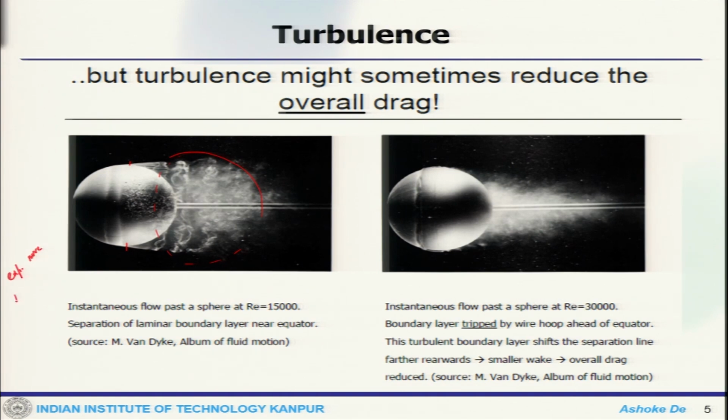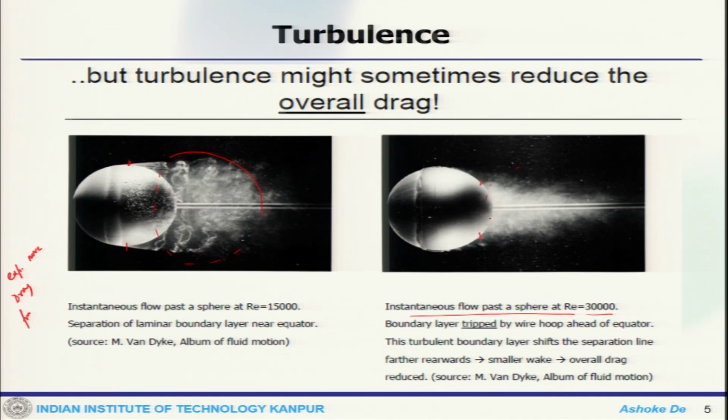At the same time, for the same sphere, you go to a Reynolds number of 30,000, which is a higher Reynolds number situation, a turbulent situation. So the tripping of the boundary layer, or the separation point of the boundary layer, has moved from this position to this position.